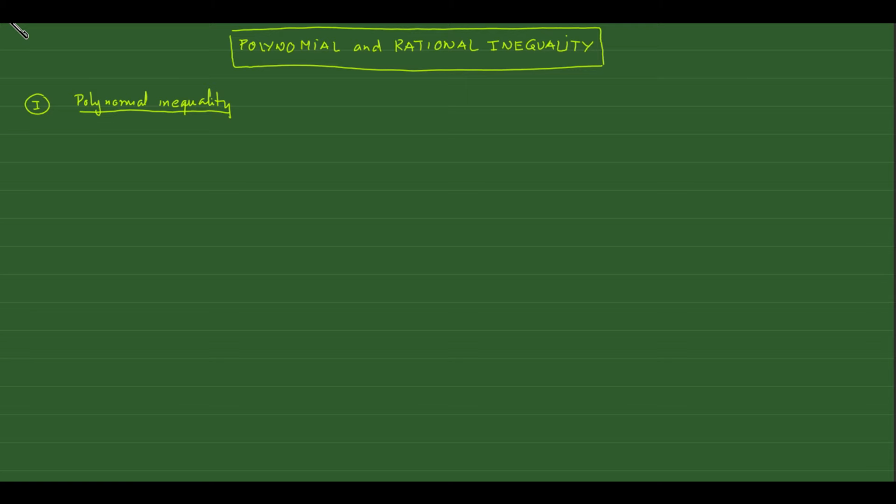And the method of solving a polynomial inequality is that we must be able to factor them out. If we can factor them out, then we can solve it by putting it on the number line, and try to find the interval notation that satisfies the inequality sign.